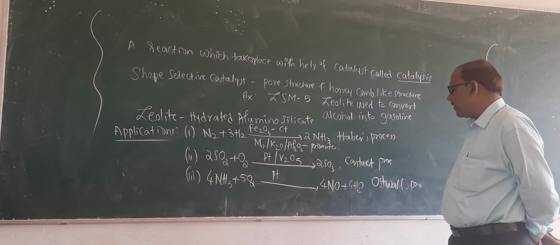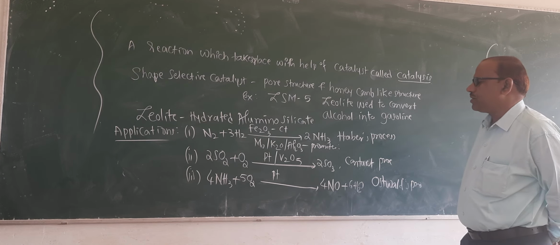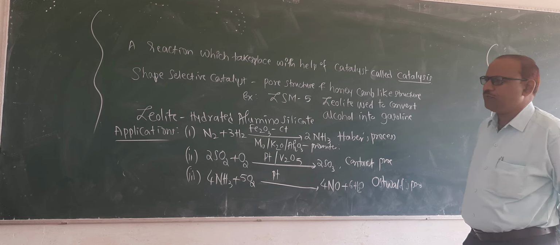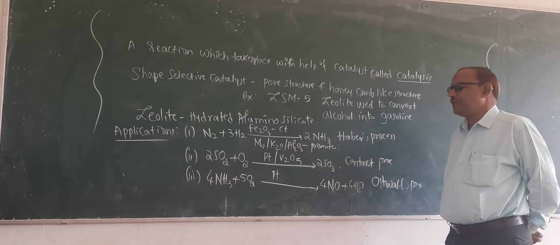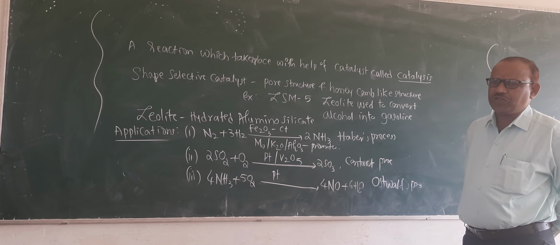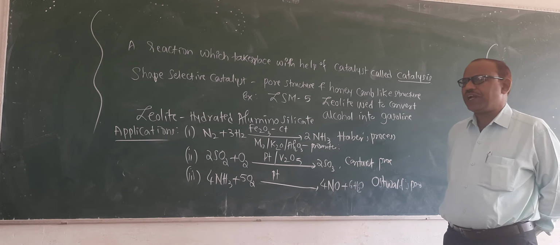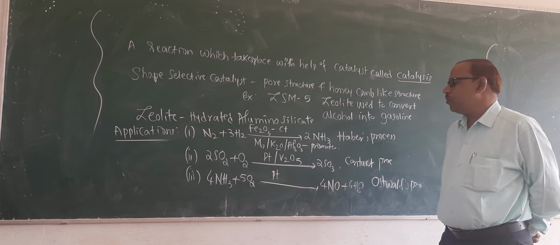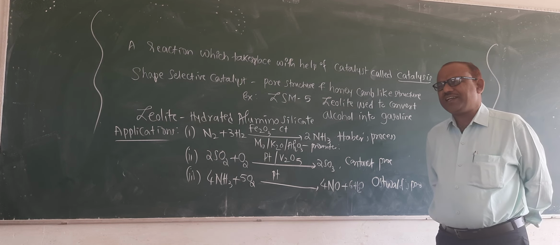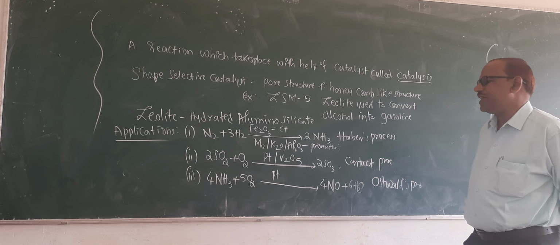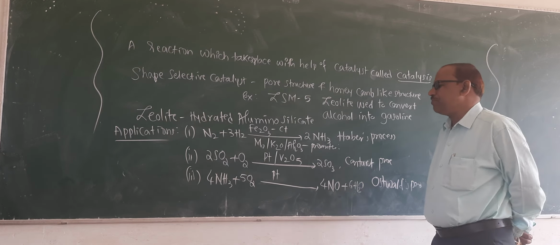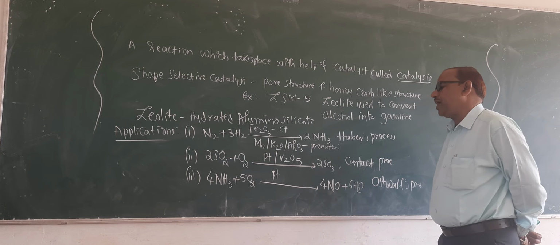Similarly, during the manufacture of nitric acid by the Ostwald process, the first reaction is oxidation of ammonia into nitric oxide. There we use a platinum catalyst, or platinum rhodium gauze is used as the catalyst. Example, the reaction I have written.